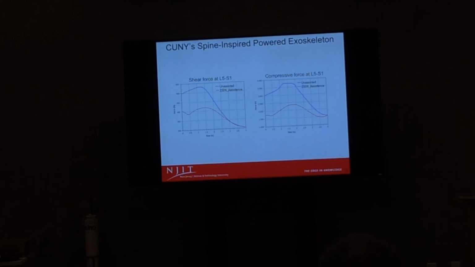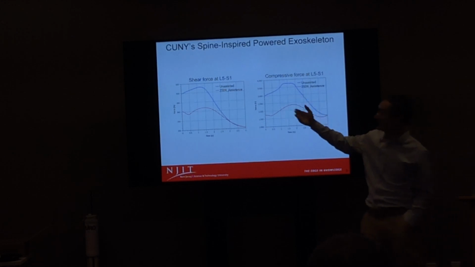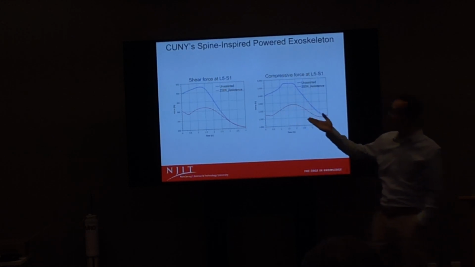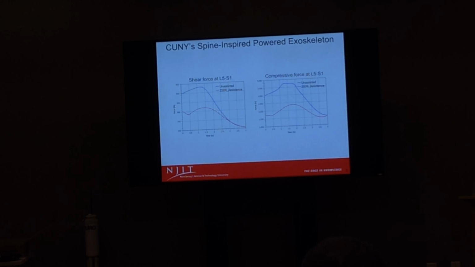Because of the design of the device, you have one section at S1, so you see a huge reduction, especially at the beginning. The shear force goes from 500 Newton to 300 Newton. The same thing for the compressive force, from 3,000 Newton to maybe 2,000 Newton. Okay, so that kind of modeling can tell us whether your device could be effective or not.